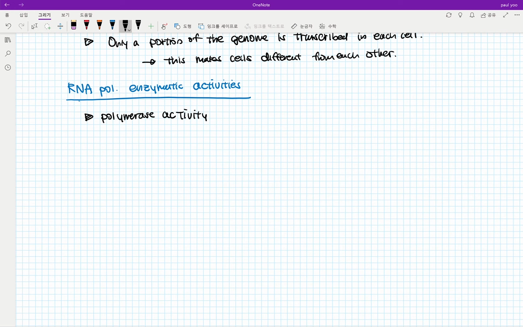So polymerase activity is that it synthesizes RNA nucleotides into RNA polymer.